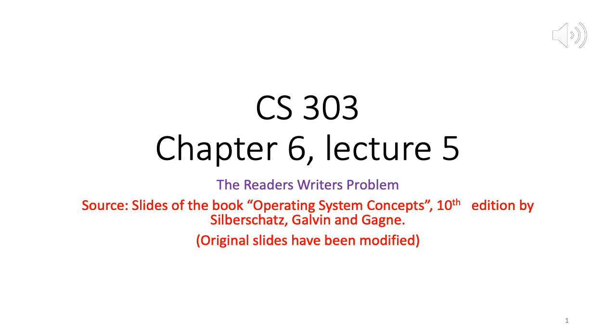As an example, we saw how to solve the producer-consumer problem using semaphores. We use a lock for gaining access to the critical section, in which we modify a shared variable, let's say count.